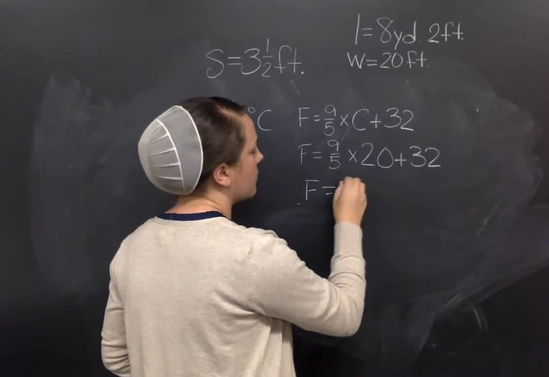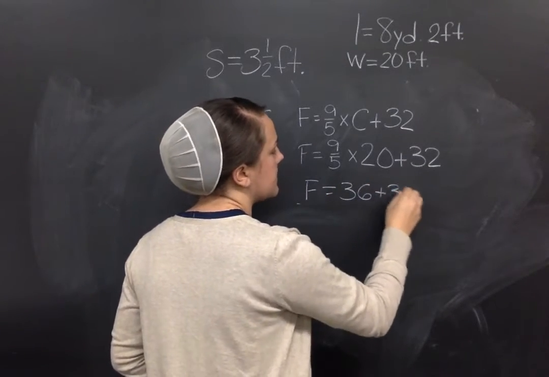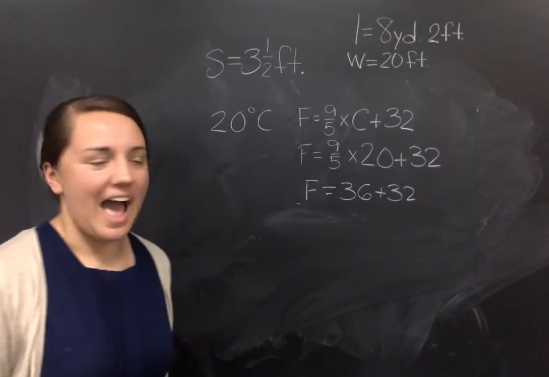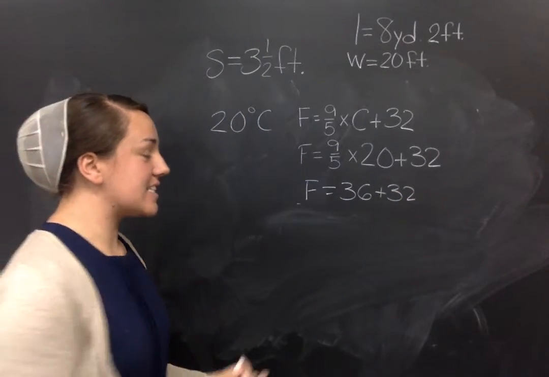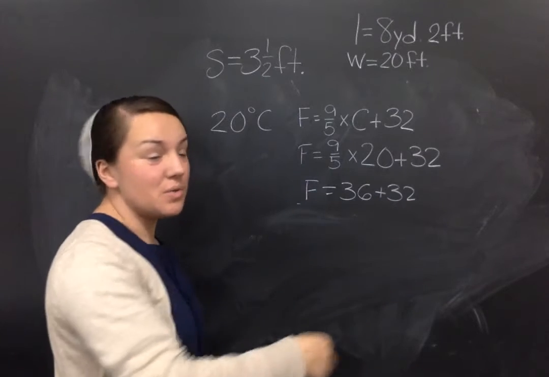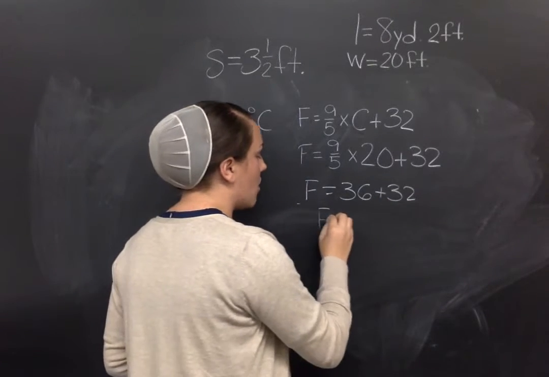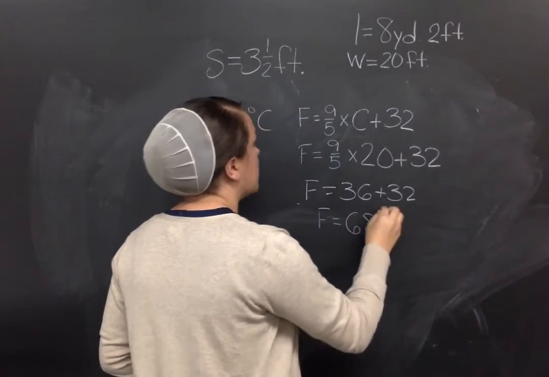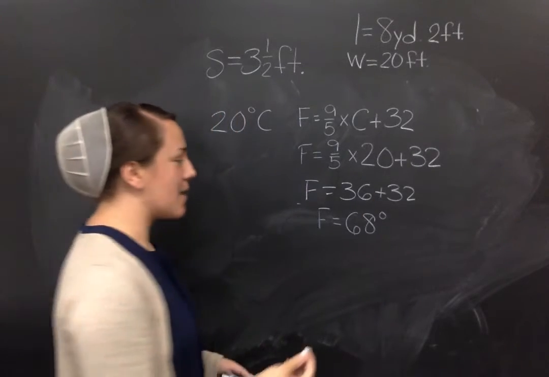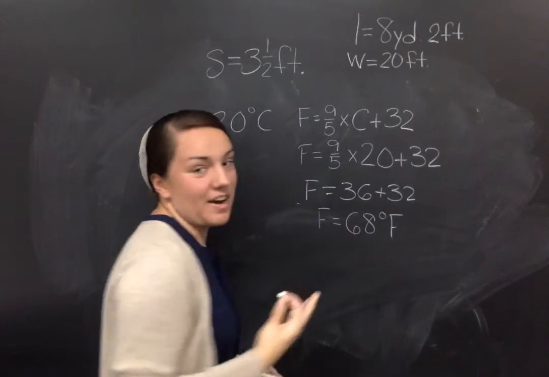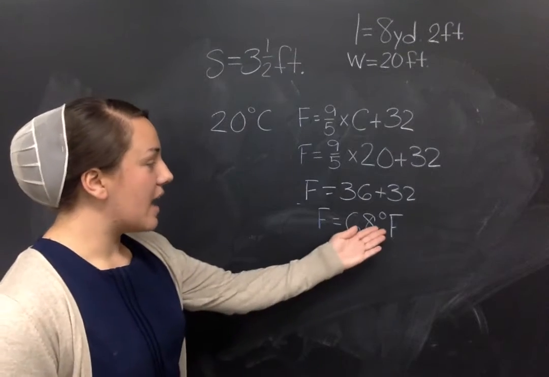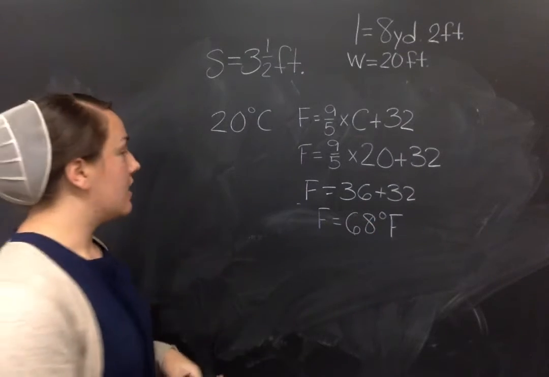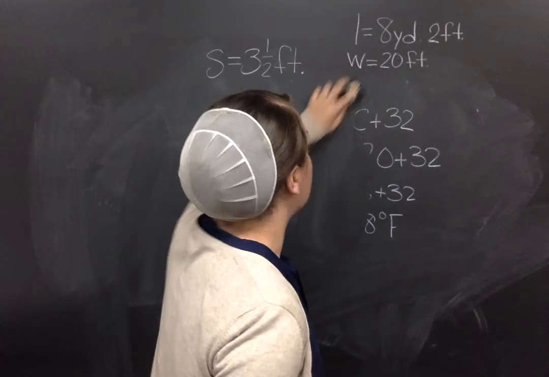So we have F equals 36 plus 32. So now we have to add. So that gives us 68. 36 plus 32 is 68. So 20 degrees Celsius is the same as 68 degrees Fahrenheit. And remember to write your degrees sign and your Fahrenheit or Celsius letter for whatever it is that you're using.